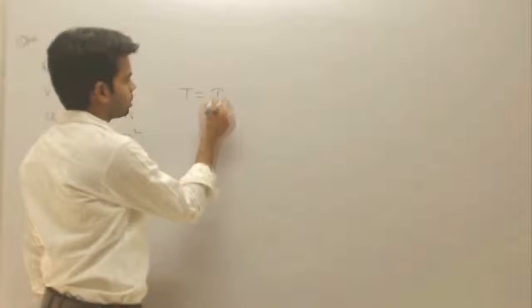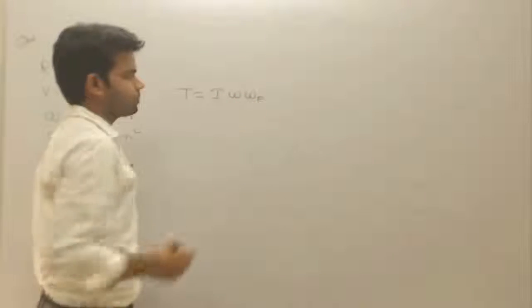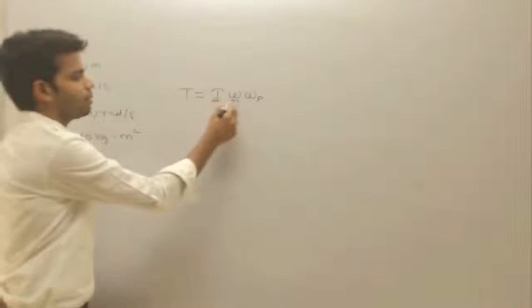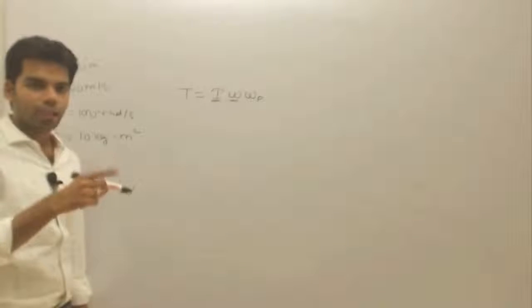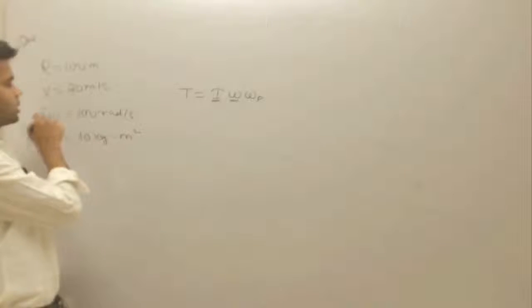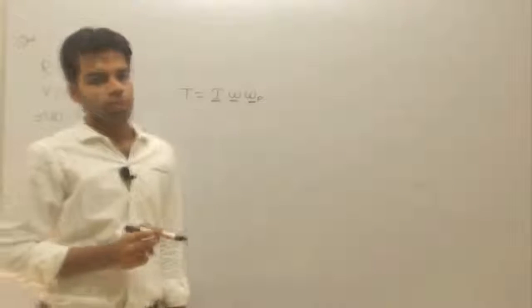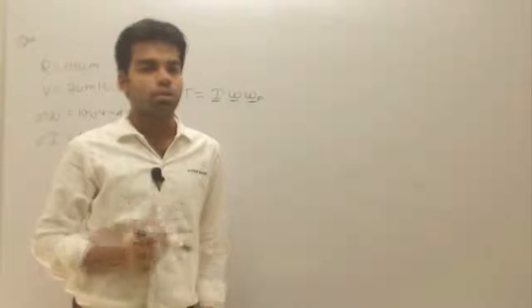We have to determine the magnitude of gyroscopic couple. As we know, T is equal to I into omega p. Now we have the value of I, the mass moment of inertia, and the angular speed of rotation of the engine, which is 100 radian per second. The only thing we have to determine is omega p, that means the angular velocity of precession.